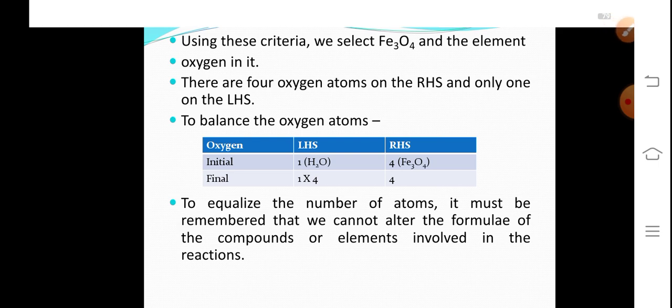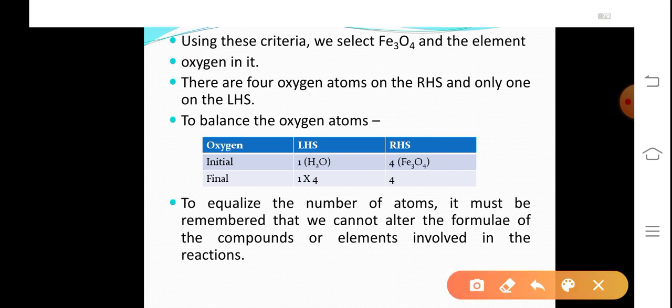So first we will list out the atoms of the element. Initially, on the left hand side, oxygen is present in water and the number is 1. In RHS, oxygen is present in iron oxide and the number is 4.